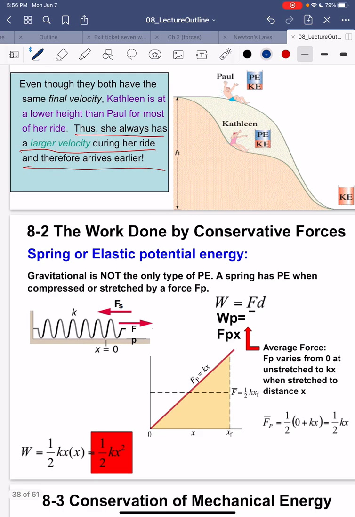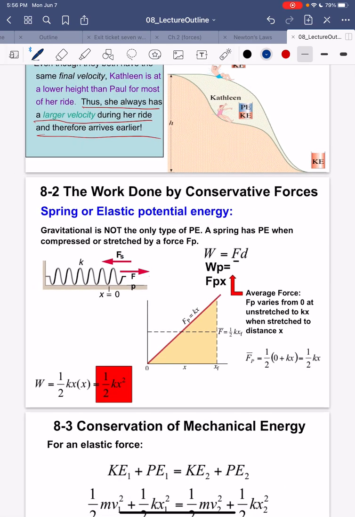Okay, also here we're gonna deal with another type of potential energy, which is the spring or elastic potential energy. I will use US for it. Now, we did cover this before, and we said I have a work done by a variable force, and that variable force is the force of a spring.